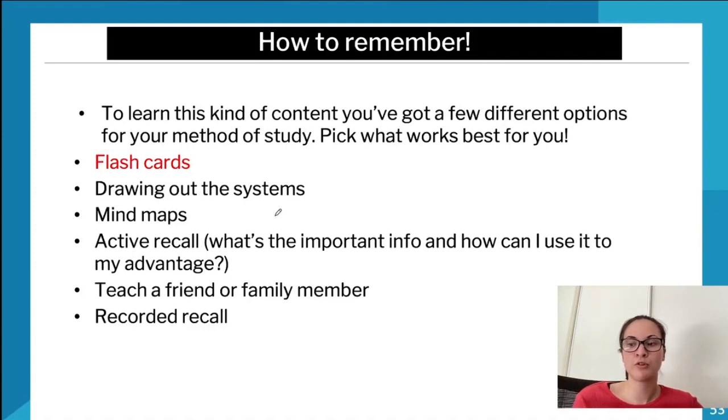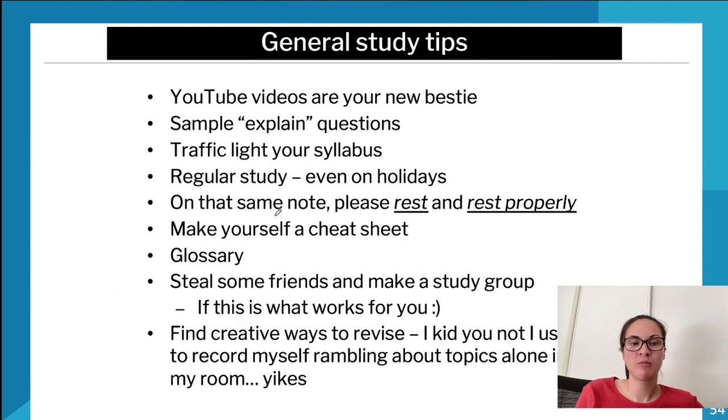I found that so helpful because you're all going through it together and you might as well help each other out. And this last one I don't do personally, but a recorded recall. That's totally up to you if you want to use that one. I never used it personally because I couldn't watch myself back, but if that's your boat, then yeah, you do it.